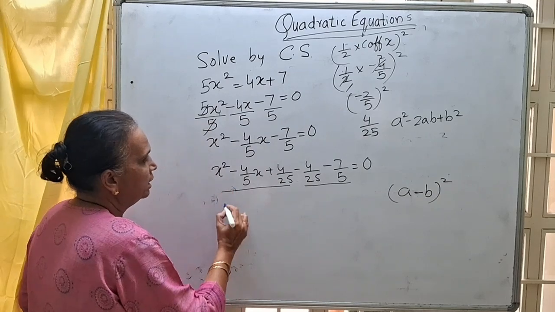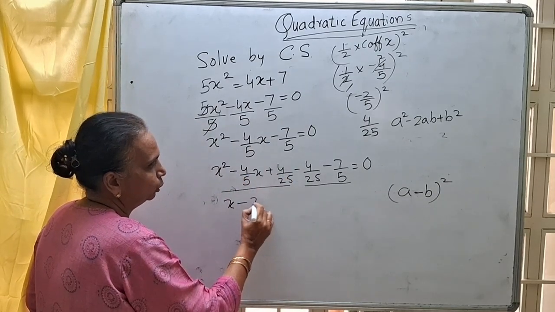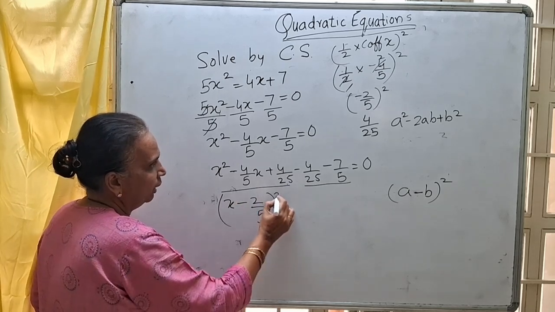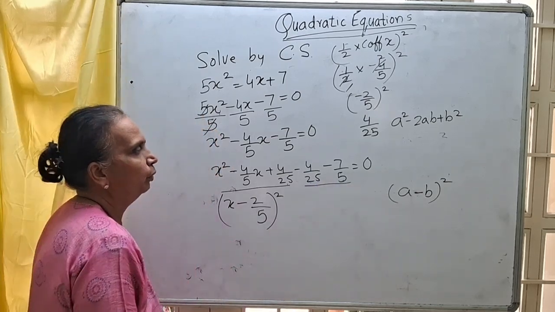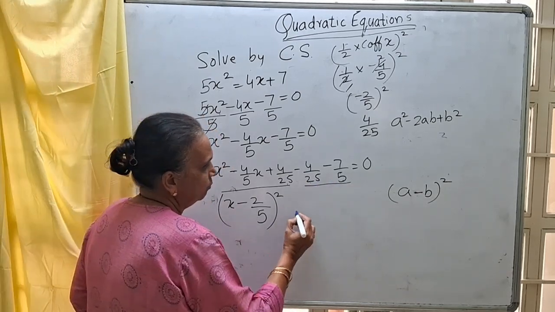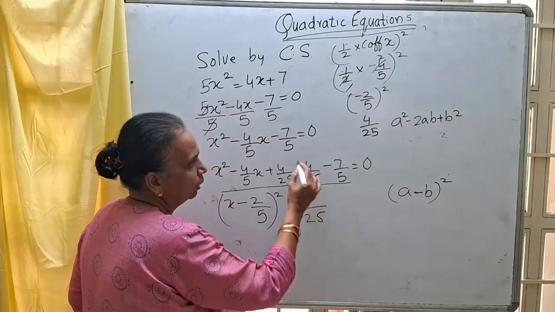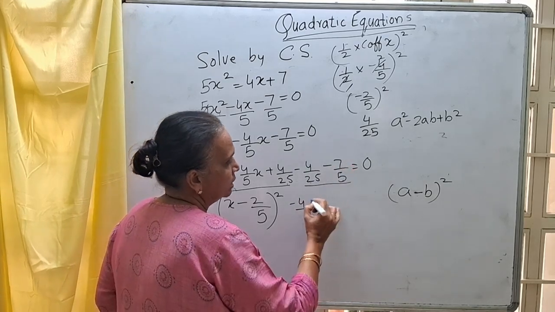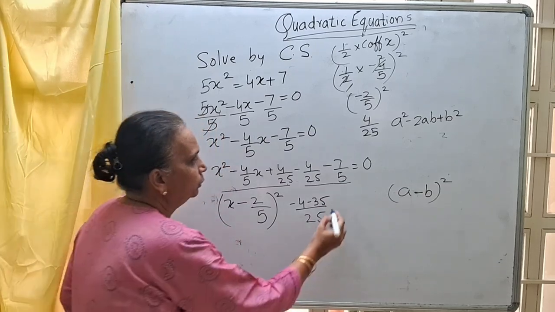So what is my a here? x minus, perfect square of 4 is 2, perfect square of 25 is 5, the whole square. Then take out the LCM, 25 is the LCM.